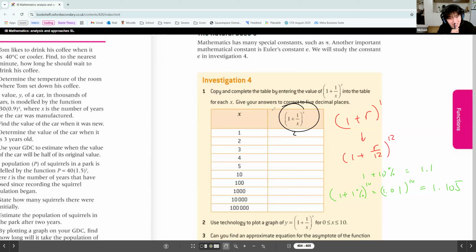Adriana, what did you say? Wait, can we calculate it? Yes, but not calculator. Try to use your head. What is inside the bracket? Oh, 1 plus 0.5. Yes, what is that? 1.5. What is 1.5 squared? 2.25. Yeah. That's what I was talking about.